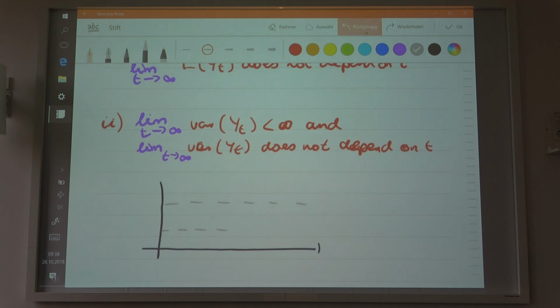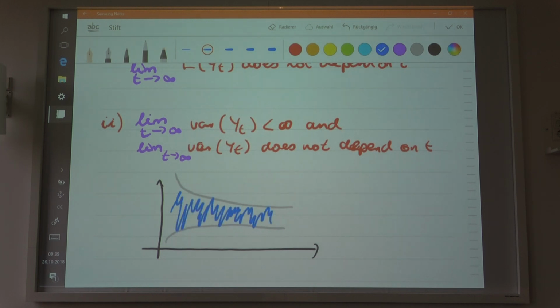But for a process which is asymptotically stationary, you could have, for instance, that the variance is something like this. Here at the beginning the variance depends on time, but this time dependency disappears in the long run. So that might be an example related to this condition.